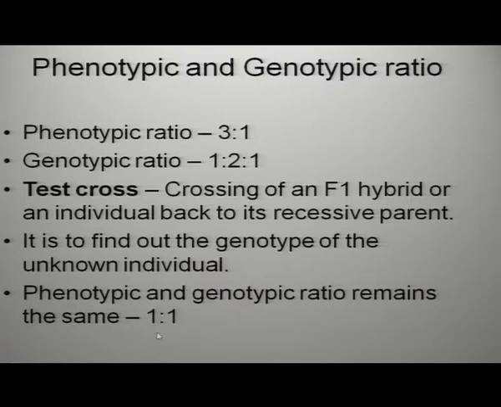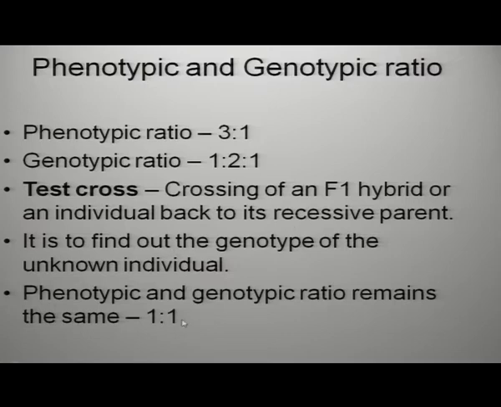Suppose in a problem it is given that the progenies are appearing in 1:1 ratio, identify the genotype of the particular character. If it comes in the 1:1 ratio regarding the phenotype, then no doubt about it, it will be a heterozygous individual.